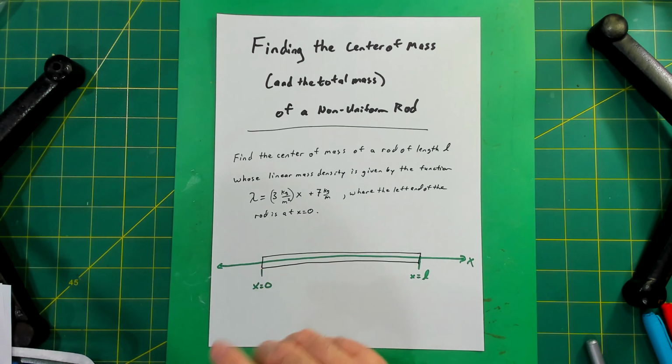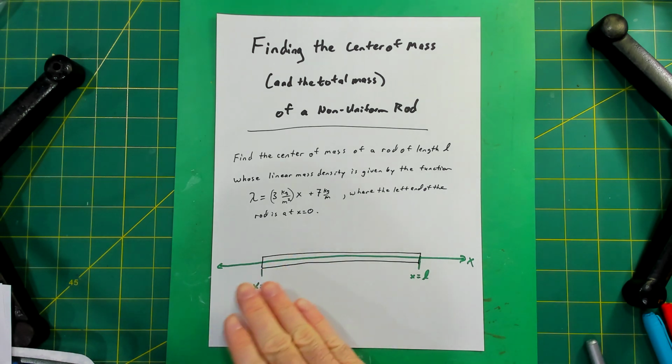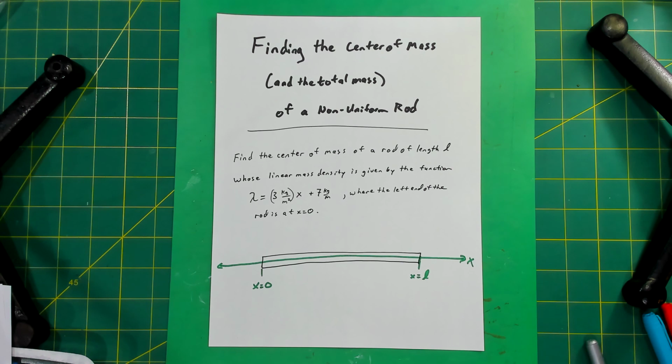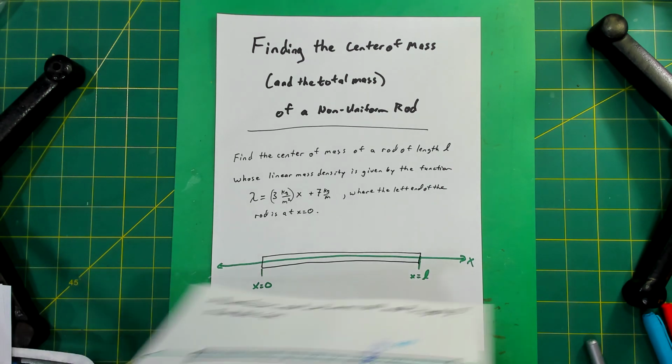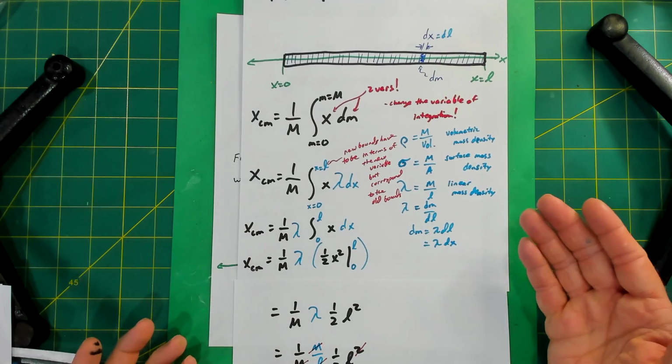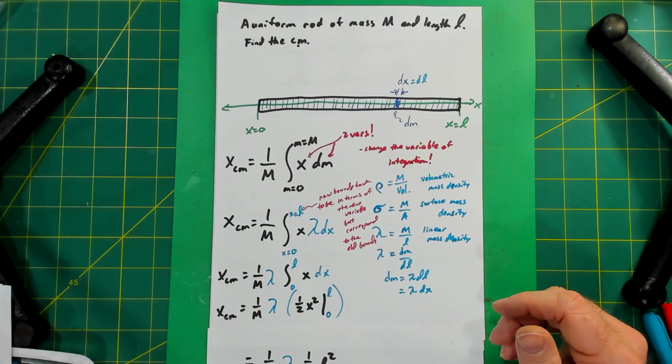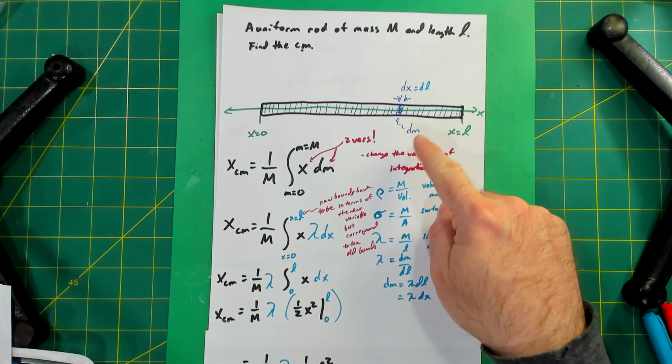Again, this is going to be very similar in setup to the problem that I just did with finding the center of mass of a uniform rod. Here's that uniform rod problem: a uniform rod of mass m and length L, find the center of mass.